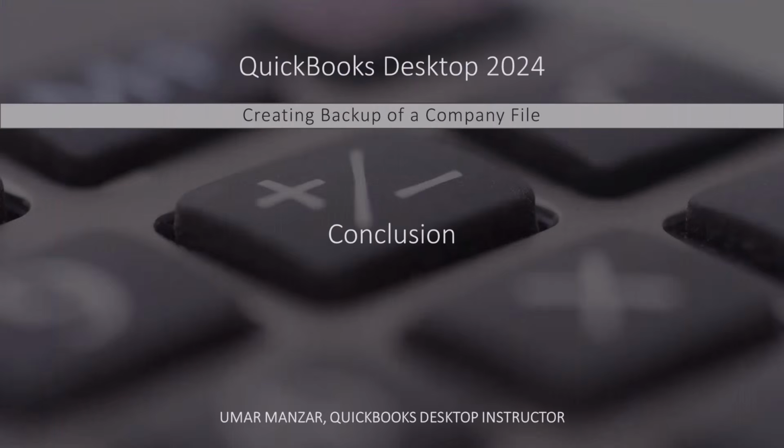With this completed, you are ready to resume your work with the recently restored file. Guarding your QuickBooks data becomes a seamless endeavor with these backup and restore procedures. Stay vigilant and ensure your backups are running smoothly to keep your financial data secure.